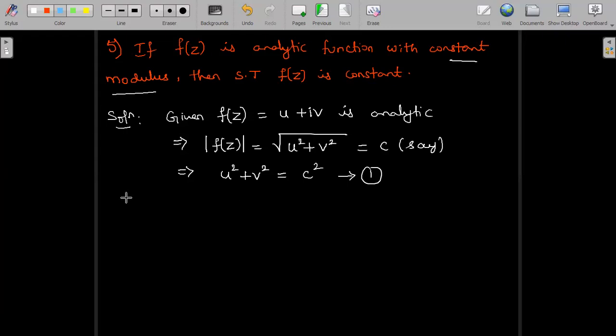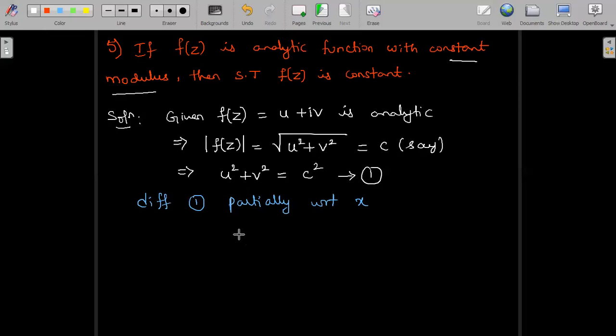Now, firstly, we have to differentiate equation 1 partially with respect to x. With respect to y, I need not do it, I can directly show the expression, because equation 1 is a symmetric function.